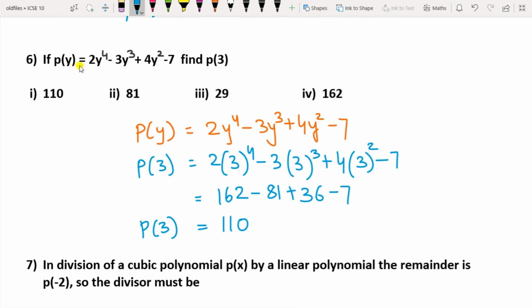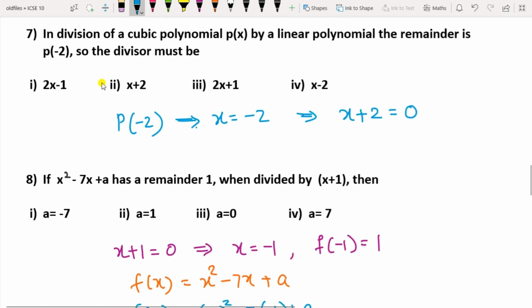If p(y) equal to 2y raised to 4 minus 3y cube plus 4y square minus 7, find p(3). So p(3) is the remainder here. So p(3) equal to, substitute y equal to 3 in the given equation. It comes out to be 110. So option 1 is the correct option. Question 7.